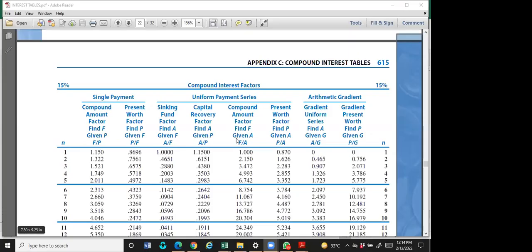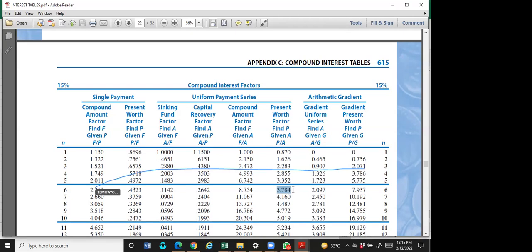So interest table, 15% after 6 years. We are doing present worth. We want to know the present worth. So after 6 years, it will give me 3.784. 3.784 is the factor I'll use, because I'm looking for the present worth of that investment. How much should I pay the contractor?